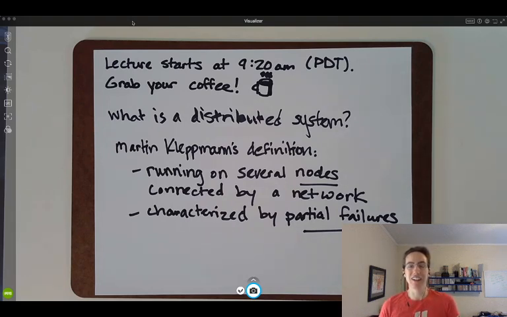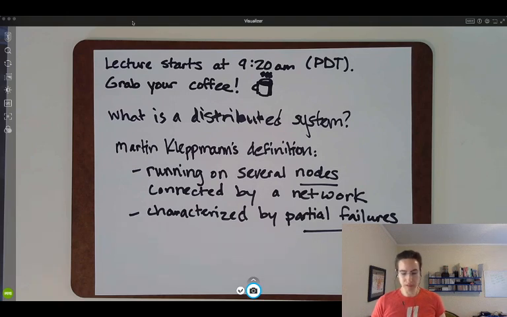Ideally you want the work to be distributed fairly, and ideally you might want multiple computers to behave as though they're a single computer. But in practice, distributed systems are rife with failure. And so I like the fact that this definition brings failure to the forefront.